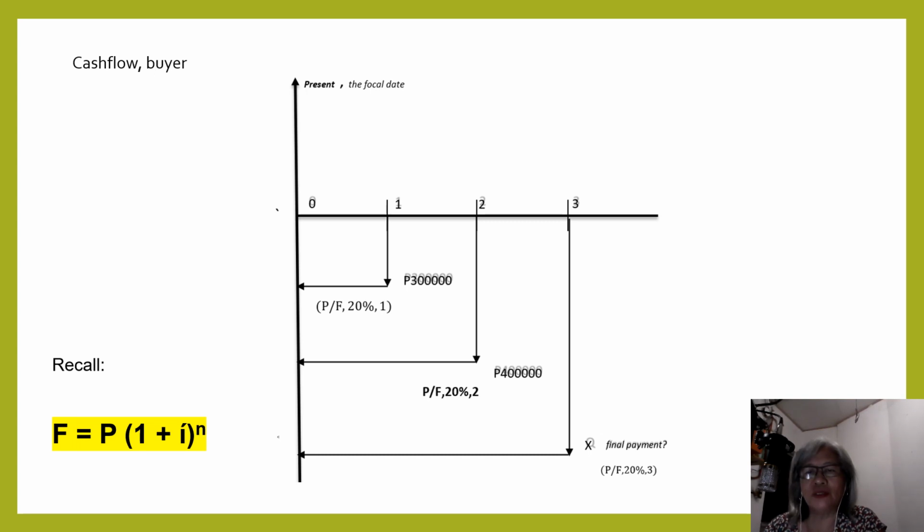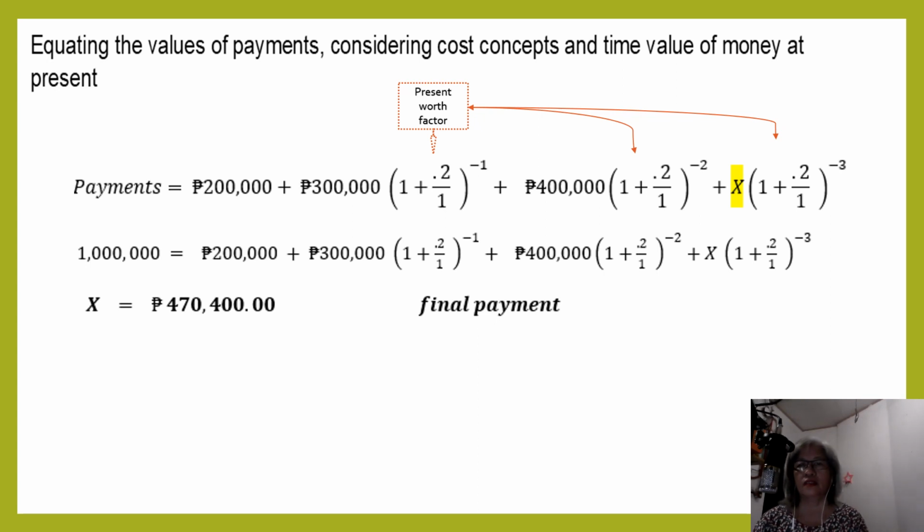He has to make an analysis of the cost of the final payment, equating the values of payments, considering cost concept and time value of money at present. So the payments are equivalent to this equation.